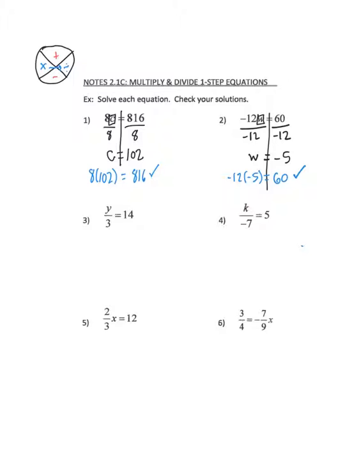Okay, number 3. I want to get y by itself here, and right now it's y divided by 3. So now I'm going the other way on my inverse circle. The opposite of division is multiplication.